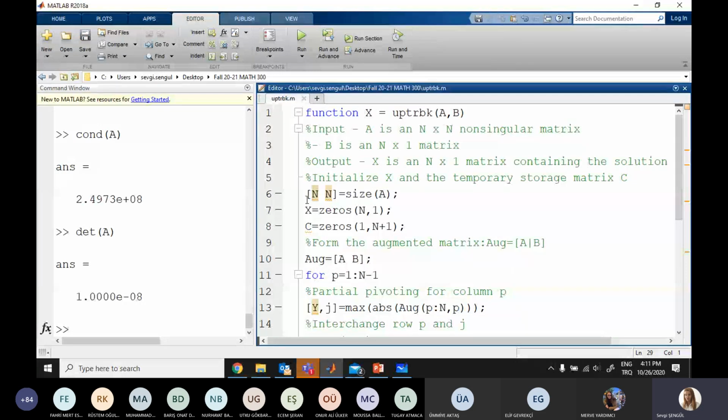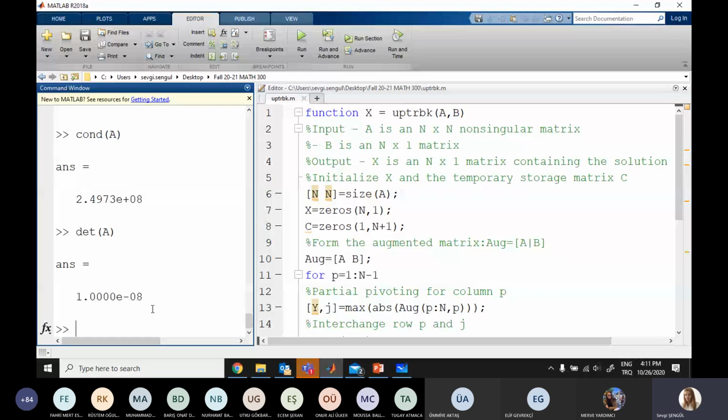And now I need to define A and B. Let's define A and B. My A is 2, 4, -1, 5, -4, -5, 3, -8, 2, -5.